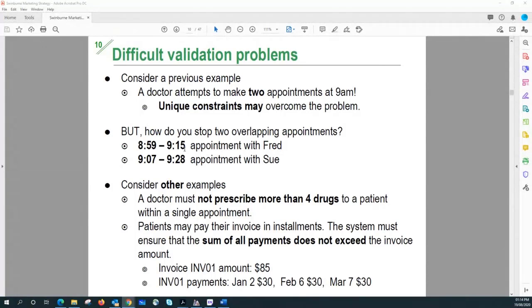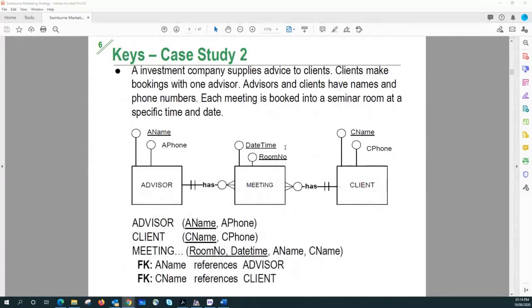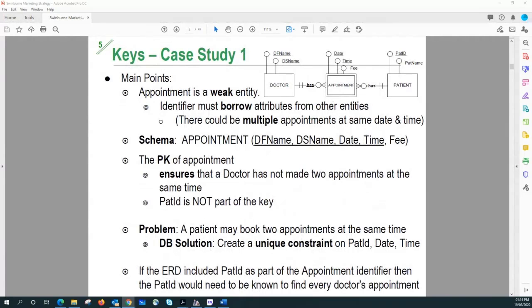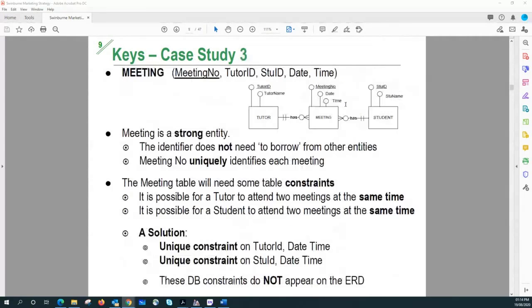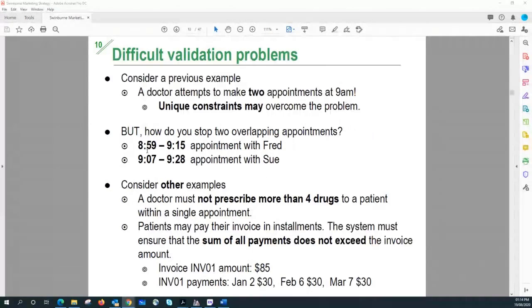How can you make sure there is no other appointment starting between these two? For example, if there is another meeting that starts at 9:07 and ends at 9:28 with the patient, how can you make sure? Because obviously, with these scenarios, it will pass through, because each of these two entries is unique, right?